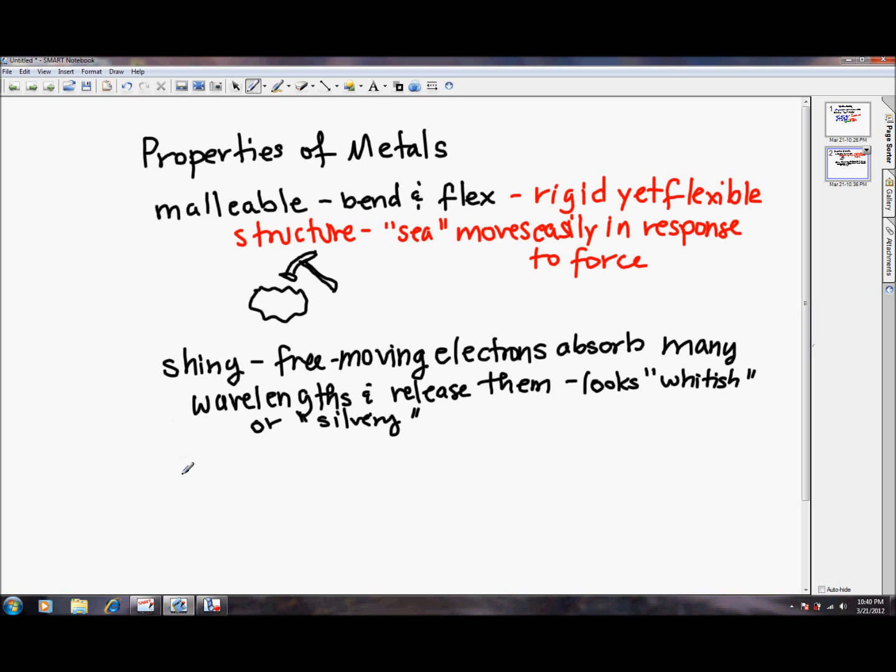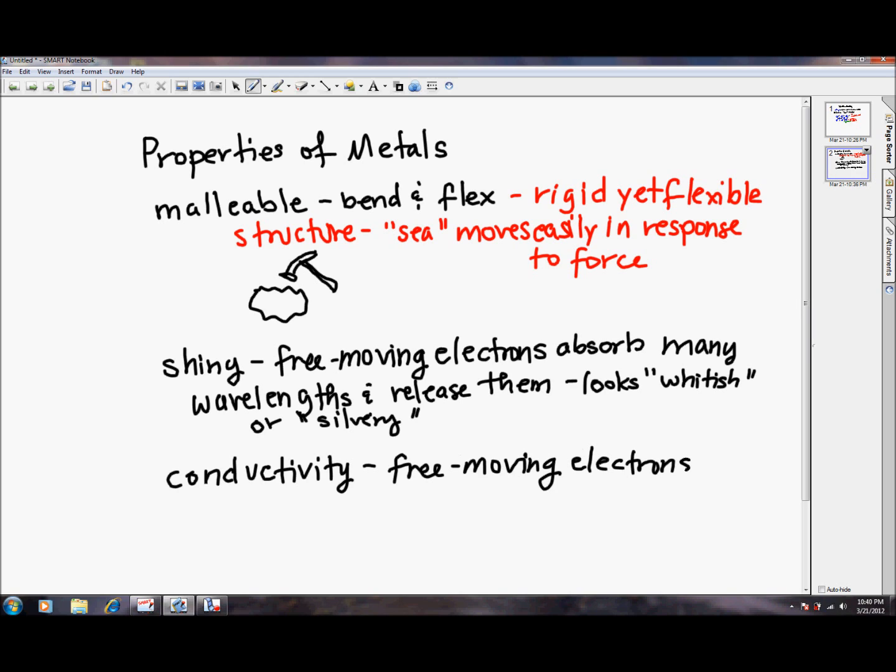Okay, and then the last property of metals that you should know in relation to the electron sea is conductivity. Metals are great conductors of electrical current. That's why we use them for electrical wiring. So how does the model explain the conductivity?